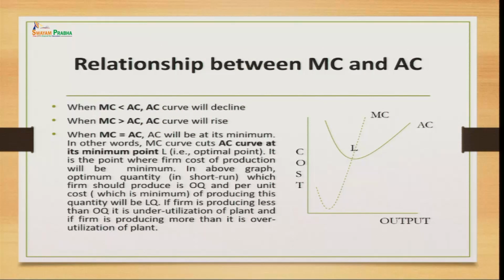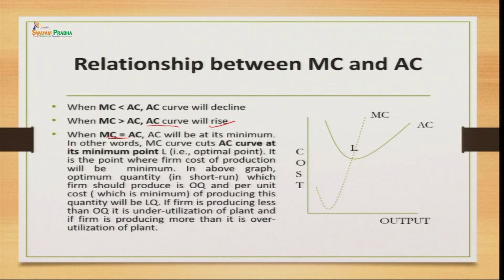Here you can see this relationship I have written for your better understanding. This is your marginal cost denoted by this dotted line, and here we have the average cost. Till the time your marginal cost is lesser than the average cost, your average cost curve will decline, and when it is more, the average cost curve will rise.